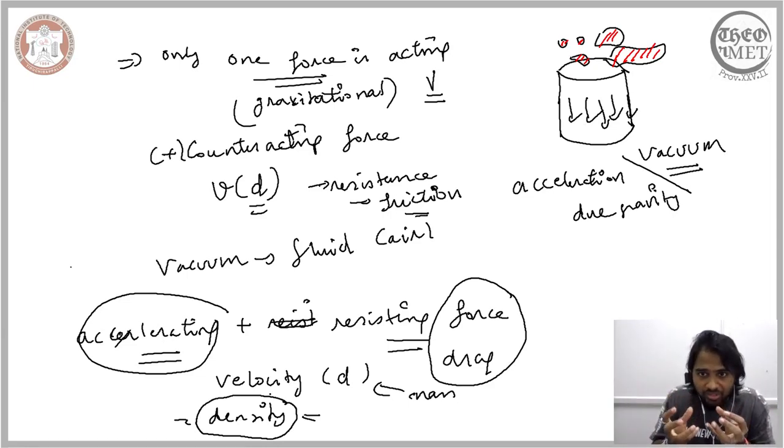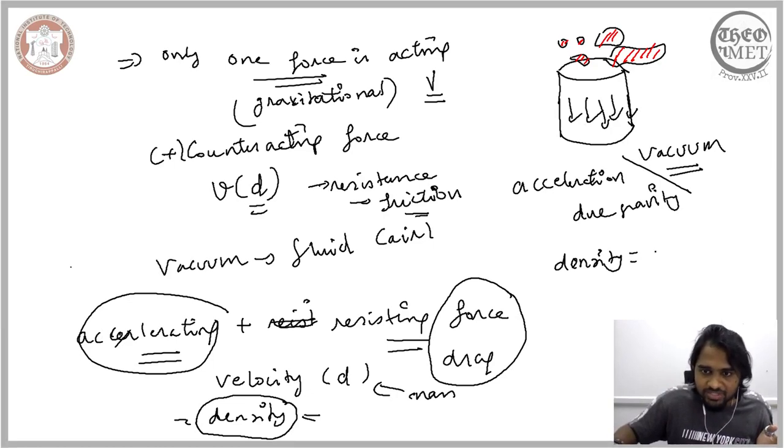And if you look closely, what we mean by weight is nothing but the density, because density, if you consider its expression, is mass by volume. Now volume is dependent on the size.